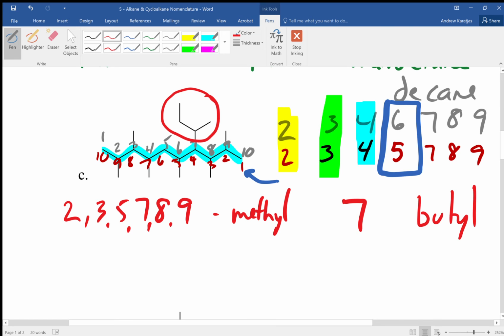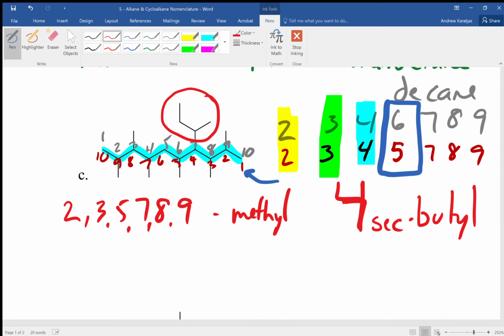It's connected on the second carbon. So this is sec-butyl. We're ready to write out the name.